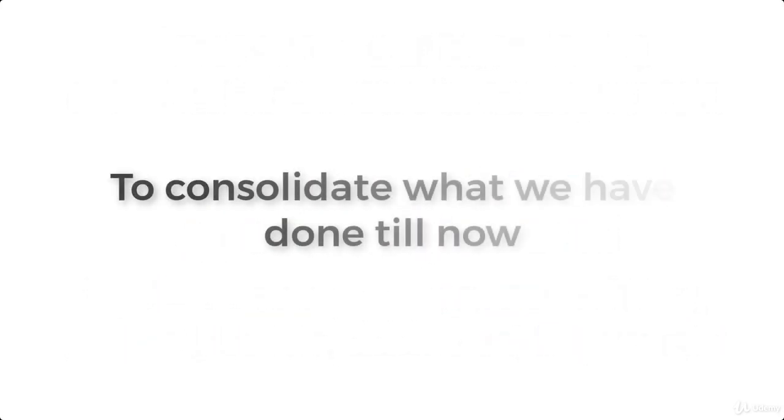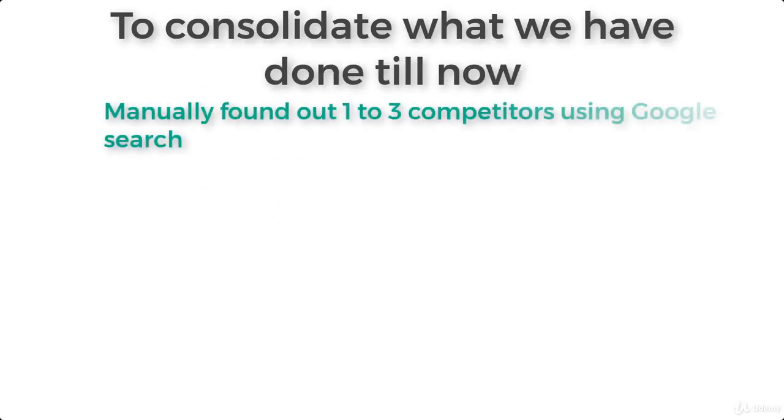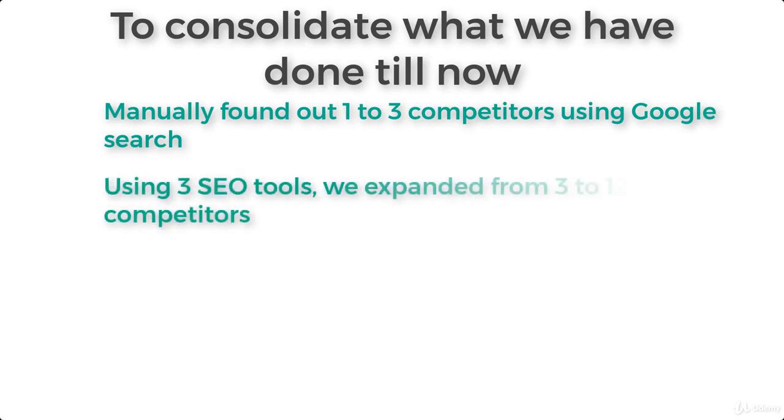To consolidate what we have done till now, first we manually found out 1 to 3 competitors using Google search. Then using SpyFu, SimilarWeb, and Alexa tools, we expanded the list of competitors from 3 to around 12.